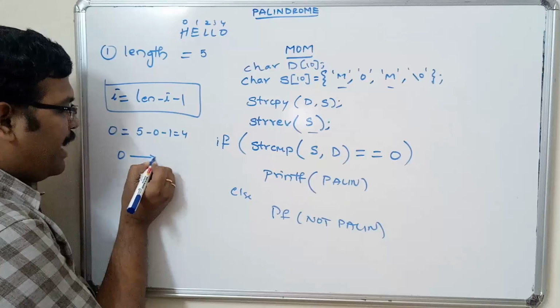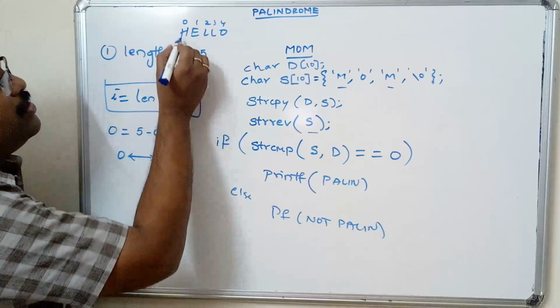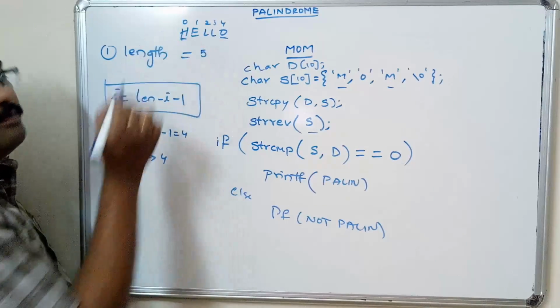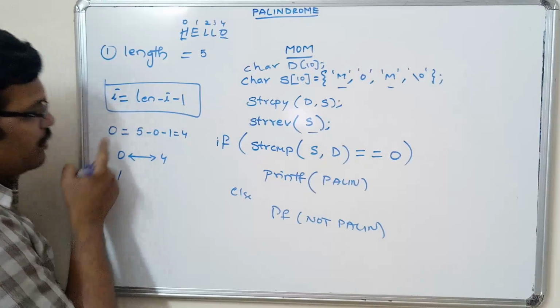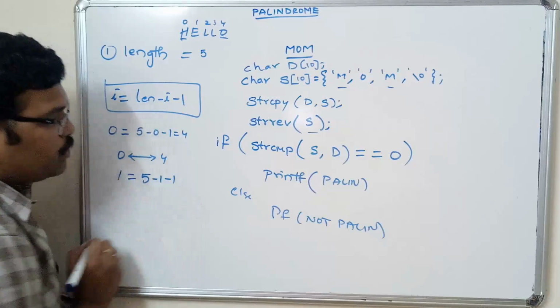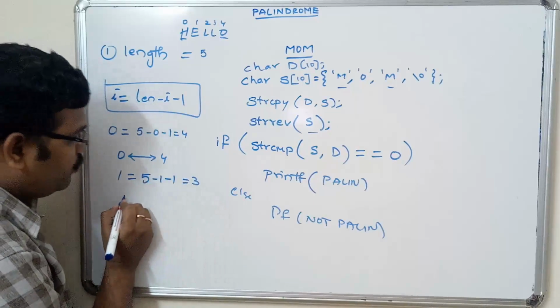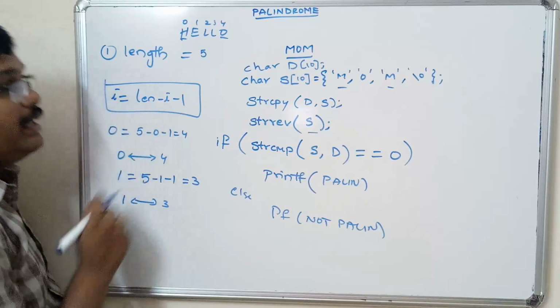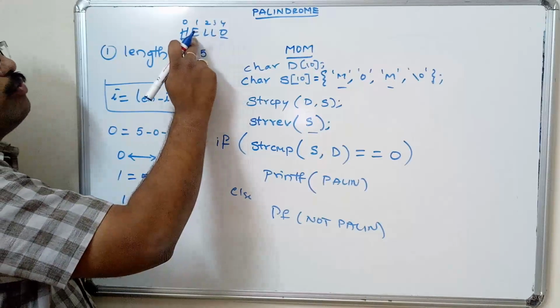So 0 is compared with 4. Next, I is equal to 1: 5 minus 1 minus 1 is equal to 3. So 1 is compared with 3.